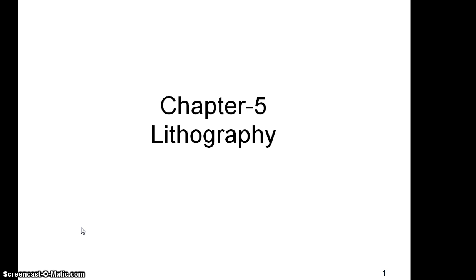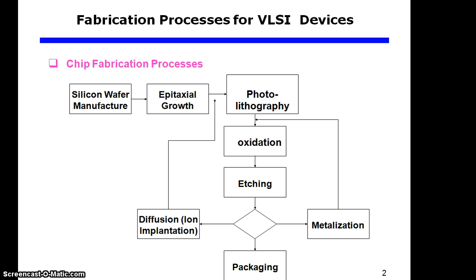First we will understand the fabrication processes for VLSI devices, which are the different processes involved in fabricating a device. First of all, silicon wafer manufacturing. Then after getting the silicon wafer, we go for epitaxy, then photolithography.